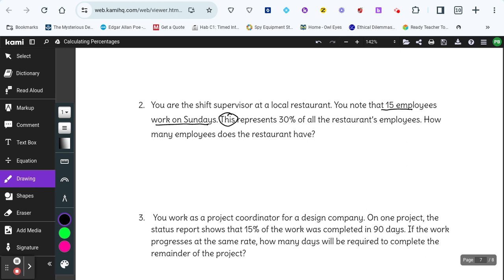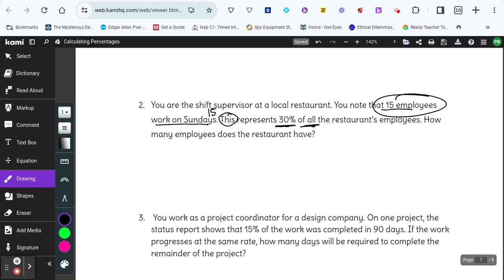So this, which is 15 employees, that's what we just got finished talking about, represents 30% of all restaurant employees. It doesn't represent all of them, it only represents 30% of them, a part, okay? How many employees does the restaurant have?